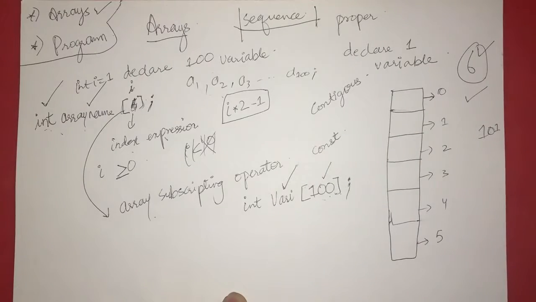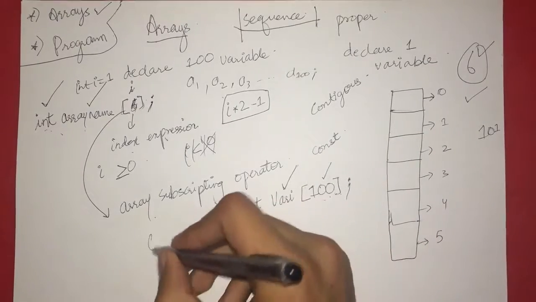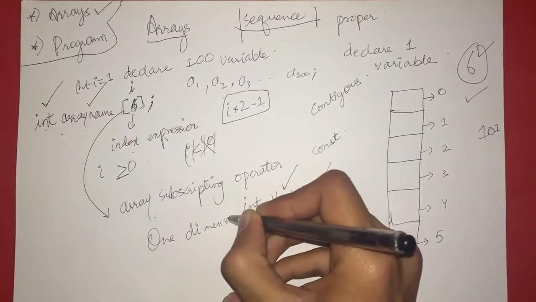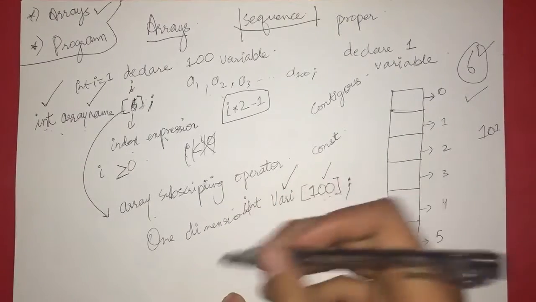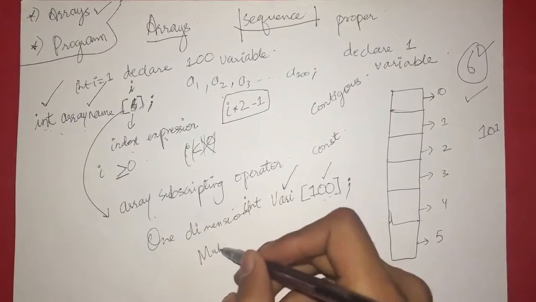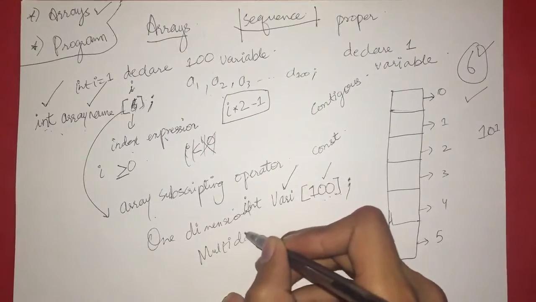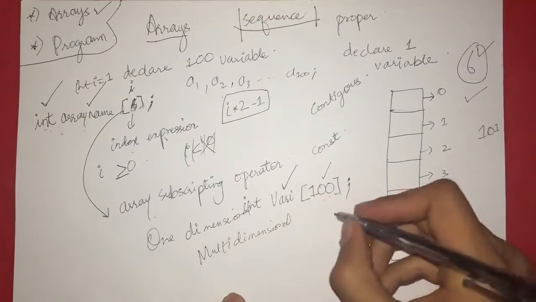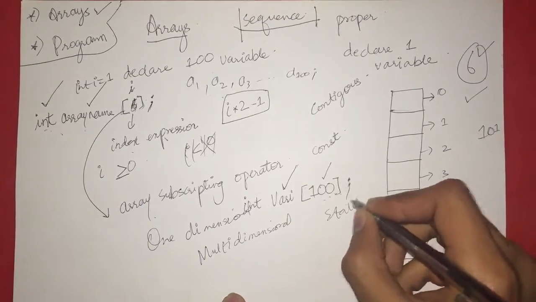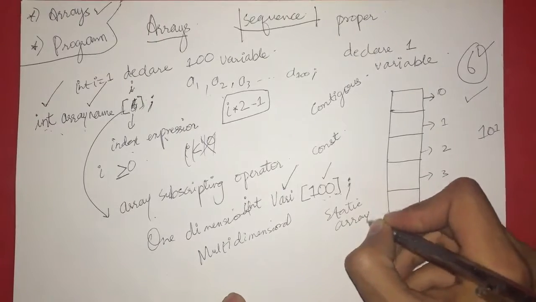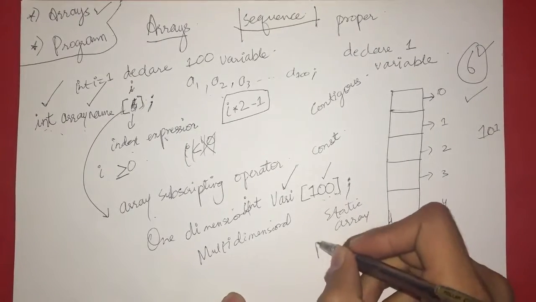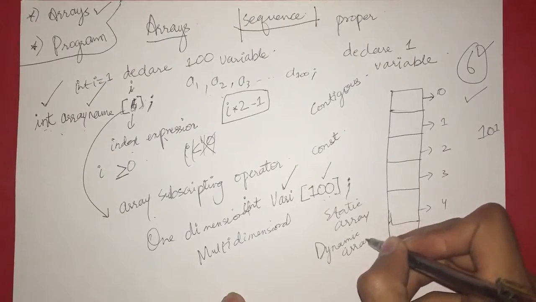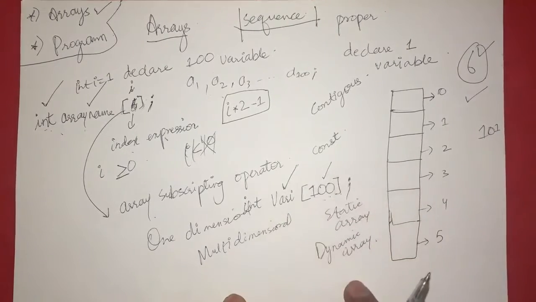But there are two types of arrays. One is a one-dimensional array, and the second is multi-dimensional. And then there is a static array, and then there is a dynamic array. One dimension means that it has only one dimension.